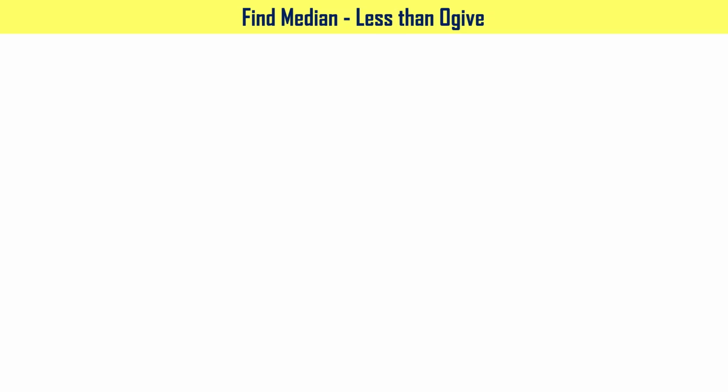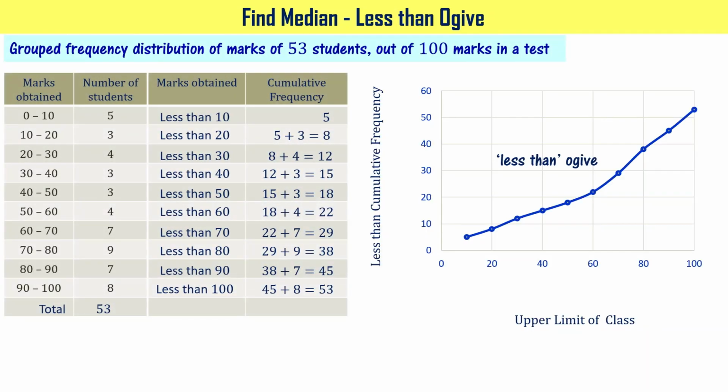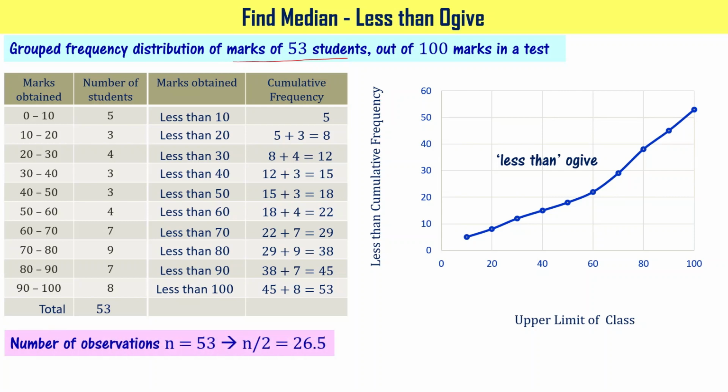Let's now learn about finding the median from the less than ogive. We have seen this, right? We have drawn the less than ogive here for the data given on marks of 53 students, right? Total number of observations n equal to 53, it means n by 2 equal to 26.5, right? Now let me draw a line at n by 2.